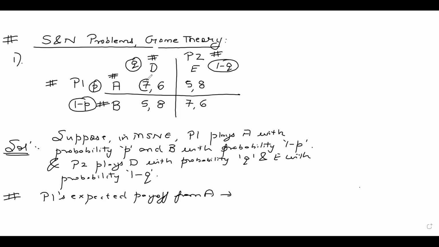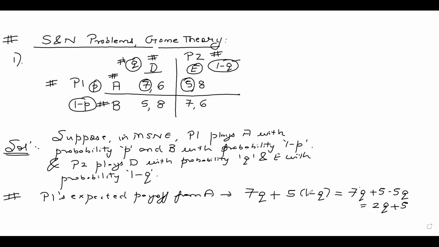So player 1 is going to get a payoff of 7 when player 2 plays D, which happens with probability Q, and player 1 is going to get a payoff of 5 when player 2 plays E with probability 1 minus Q. So player 1's expected payoff from A is 7Q plus 5 minus 5Q, which is 2Q plus 5. Similarly, guys, we can calculate player 1's expected payoff from B.